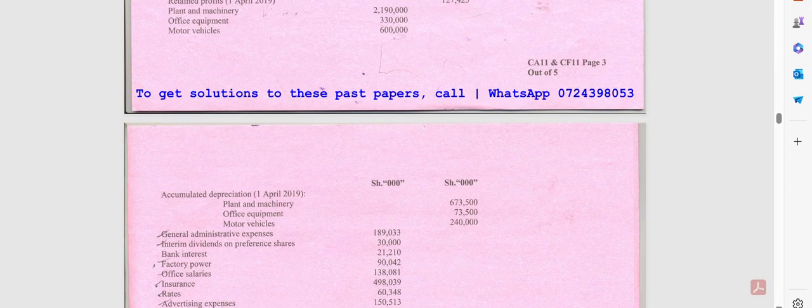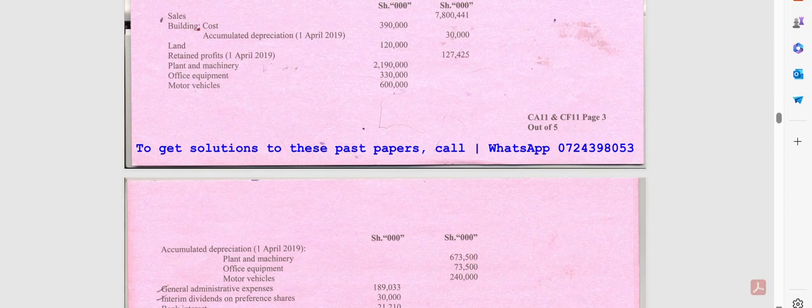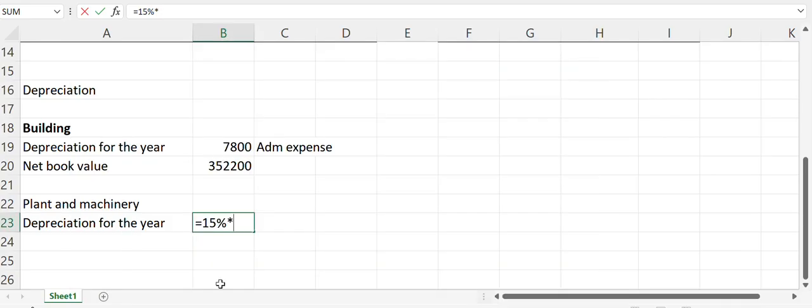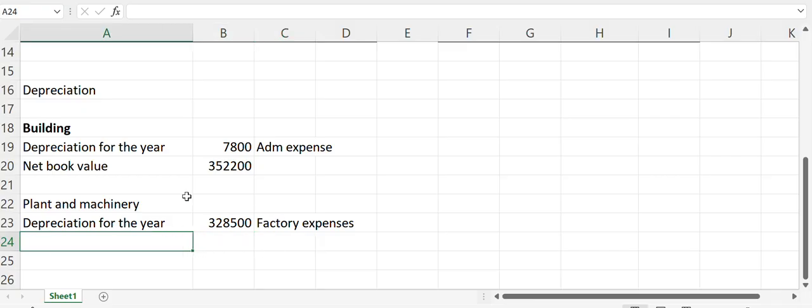Plant and machinery, yeah, here it is. 2,190,000. So we get that. This one will go to factory expense or overheads.